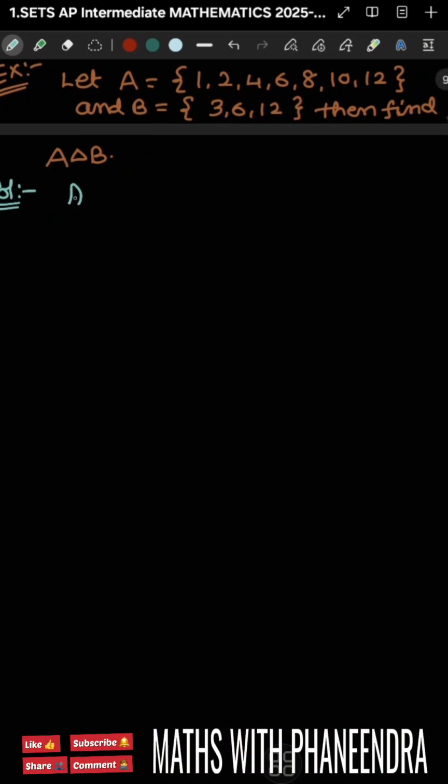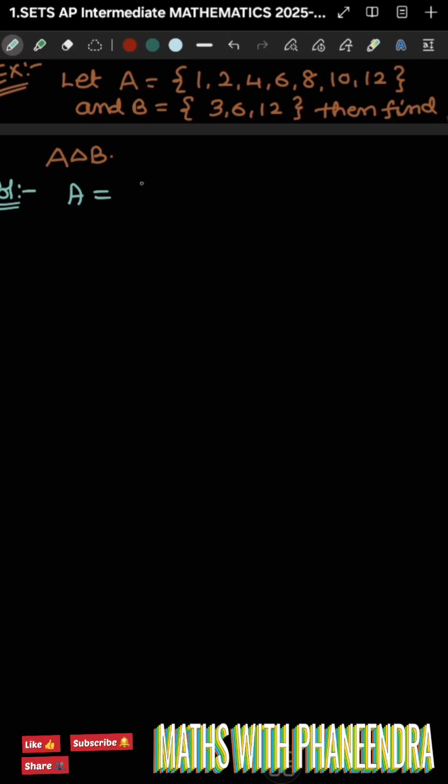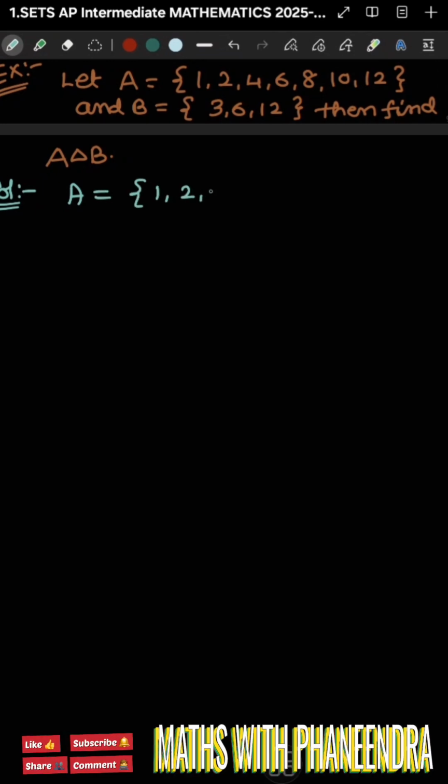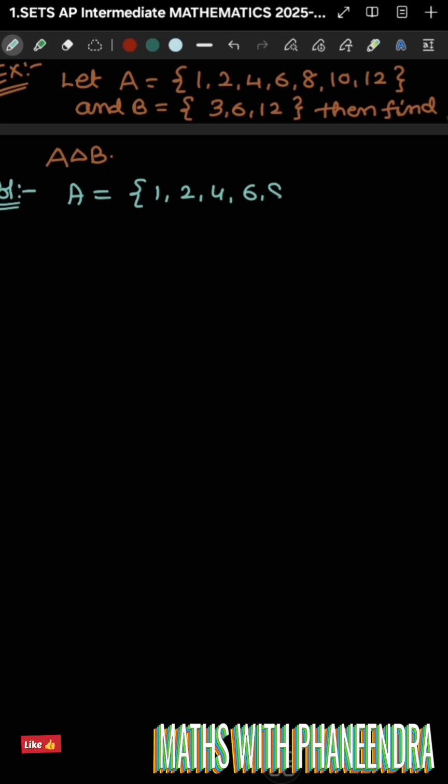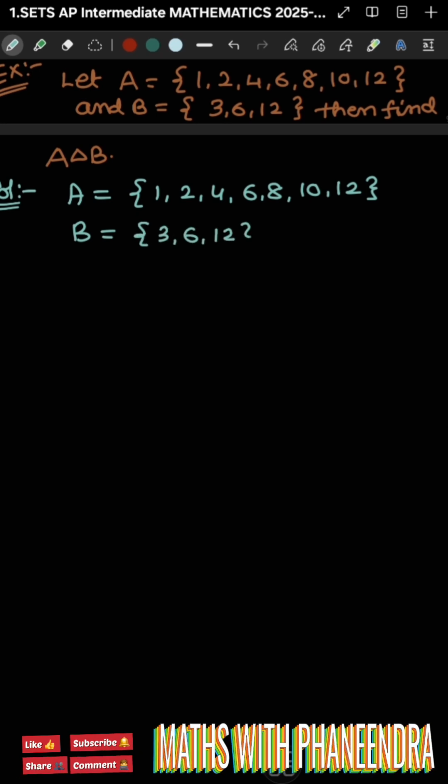So first, A and B values we are going to write. A set is 1, 2, 4, 6, 8, 10, 12, and B set is 3, 6, 12. First find out A minus B. What is the definition of A minus B?